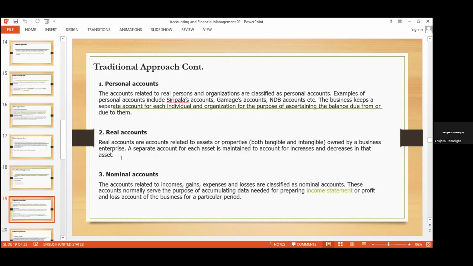They prepare separate accounts for assets, liabilities, and any other things. These are called real accounts under the traditional approach.